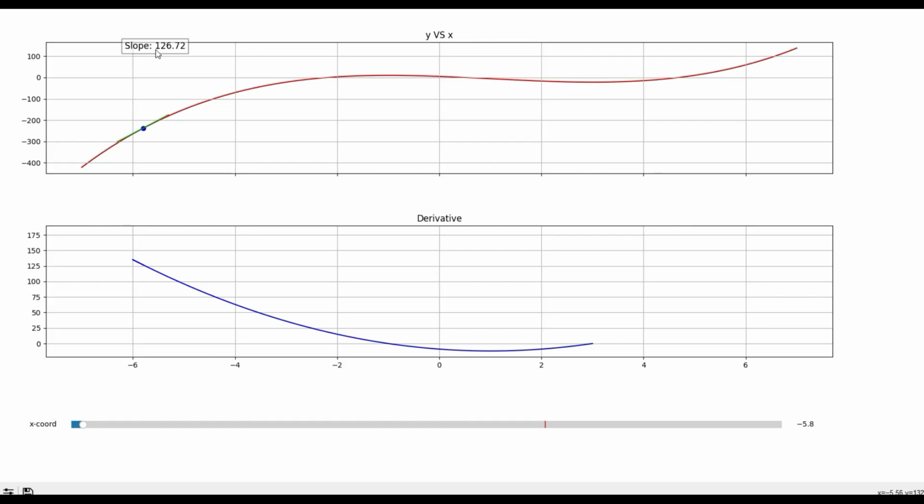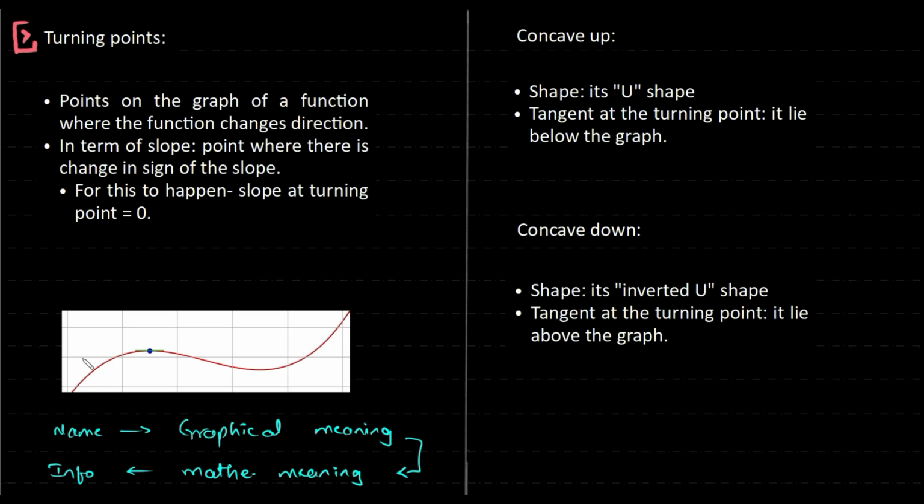So please observe the slope of this graph. What's happening? It's positive. As I move across, it's still positive, and here it becomes 0. And then it is negative, right? And as I move across, here it's 0 and it becomes positive. So what we saw here was it's positive over here, negative, and again positive.